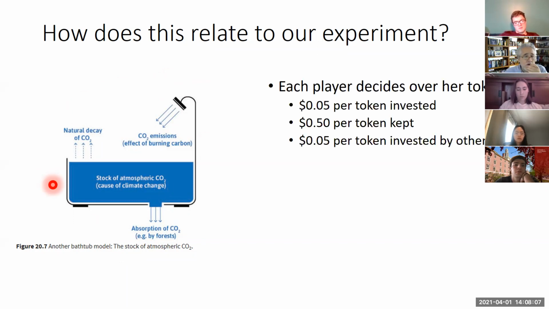And that experiment, if you remember, had to do with each of you holding in your hands 10 tokens and deciding whether to invest those tokens or keeping them for your own revenues. And if you remember, there were 20 players in the game, 20 of you, and you would earn 5 cents per token invested and 50 cents per token kept, but also 5 more cents per token invested by others in the group.